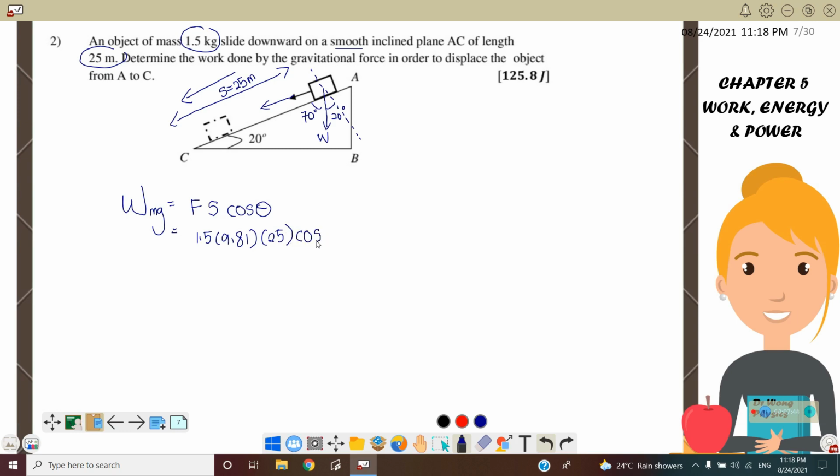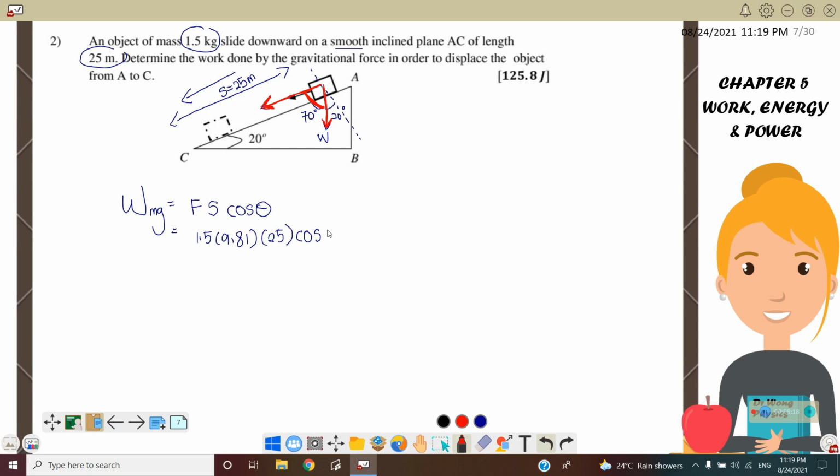Cos. What is the angle between the gravitational force, meaning the weight, and the displacement? So we draw it out. I use the red pen to draw. This is your displacement, and this is the weight. The angle between the weight and the displacement is actually 70 degree.